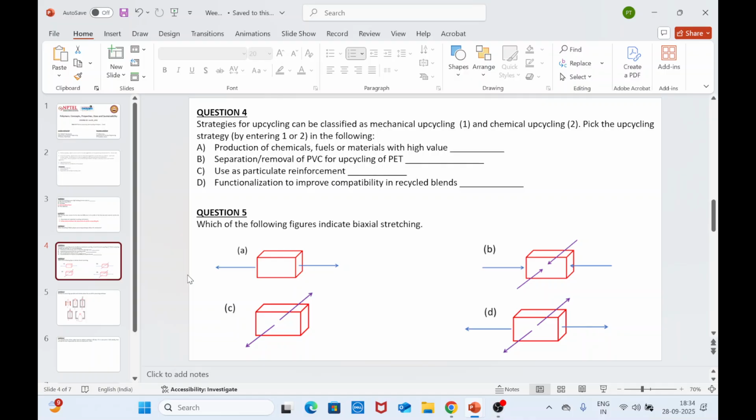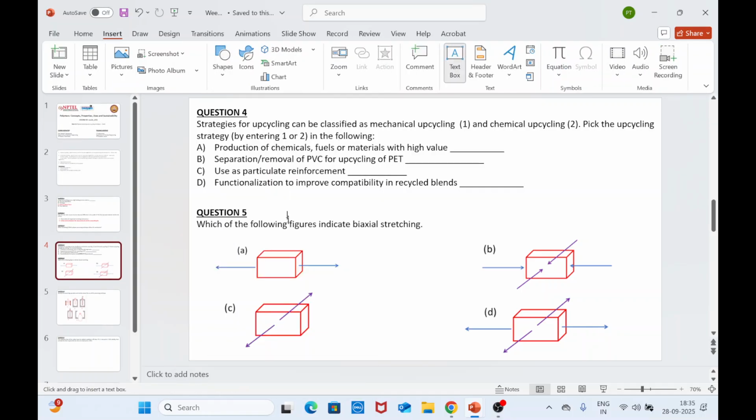There is figure A, figure B, figure C, and figure D. It's D. So what about A, B, and C? A is uniaxial stretching. B is biaxial compression. C is also uniaxial stretching.